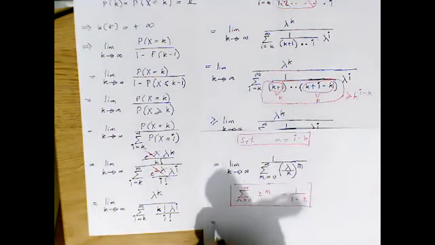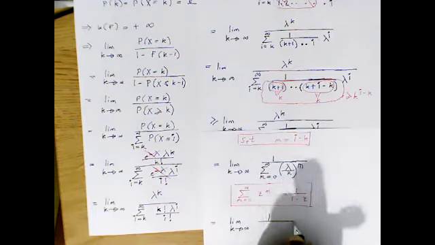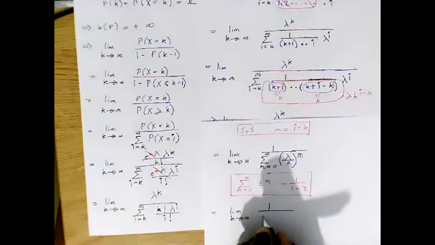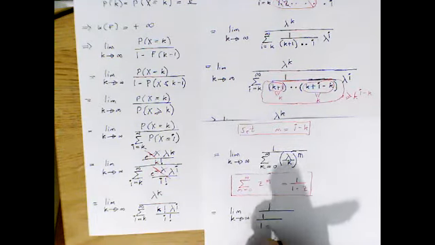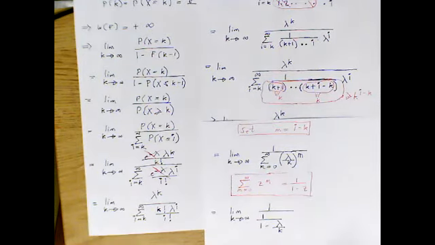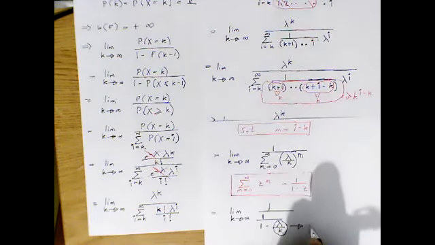So if you use that, it's going to be the limit as k goes to infinity of 1 divided by 1 minus lambda divided by k, right? Now as k goes to infinity, this goes to 0.